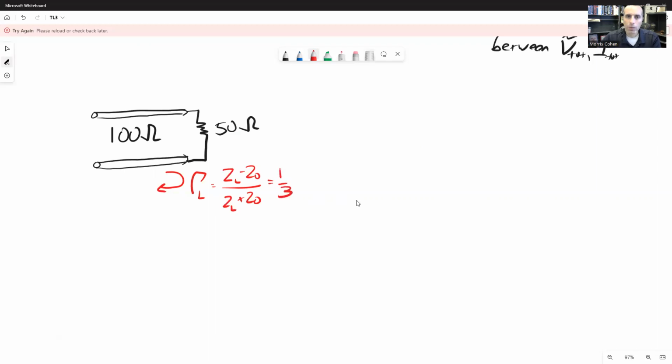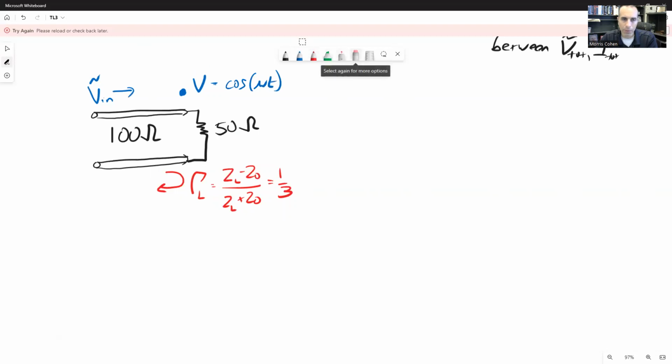All right, so let's consider I have a positive going wave right here. Here's V plus. It's moving this way. At this point right here, the voltage will be equal to, let's say, cosine of omega t. Let's actually not make this a phasor.